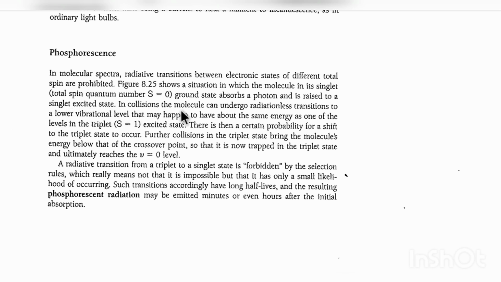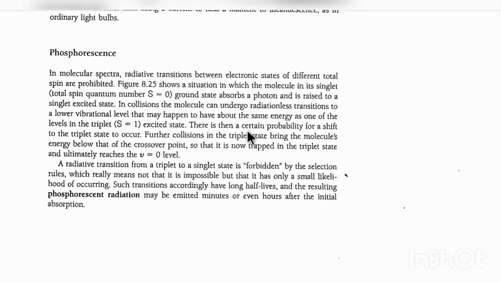In collision, the molecule can undergo a radiationless transition to a lower vibrational level that may happen to have about the same energy as one of the levels in a triplet, S equal to 1, excited state.